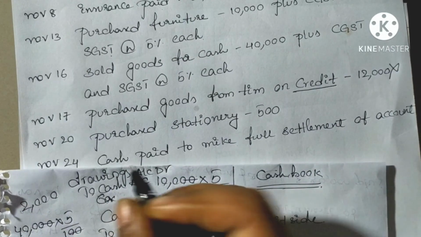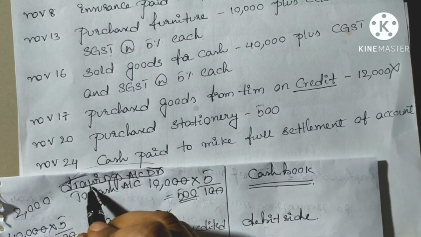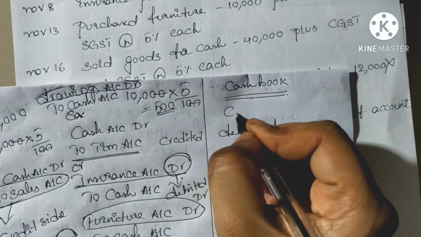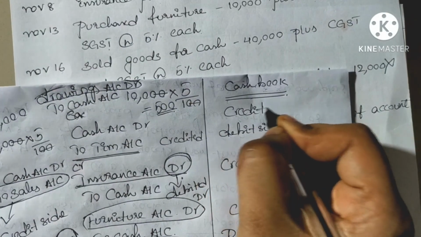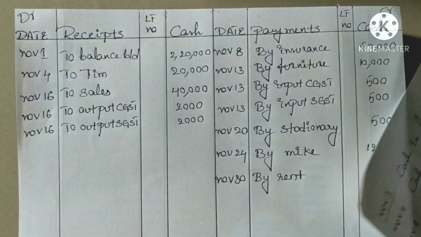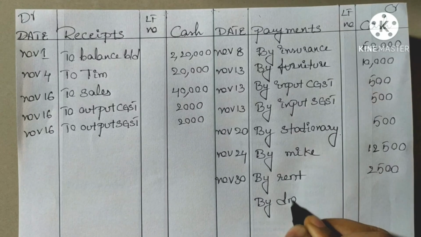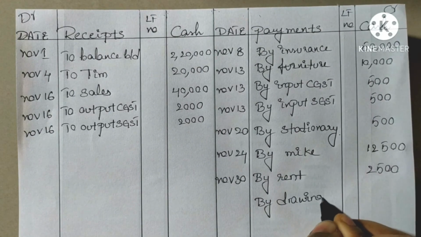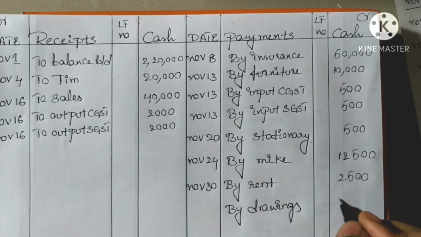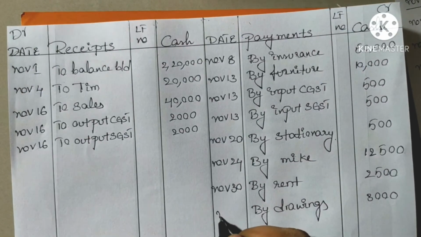Here drawings is debited. So we will mention it on the credit side of the cash book, by mentioning "By drawings." And the value is 3,000. The date is November 30th.